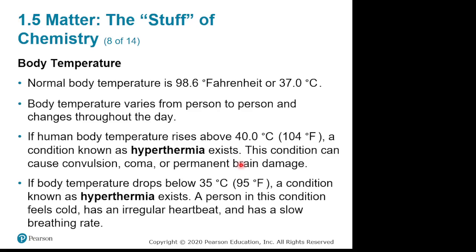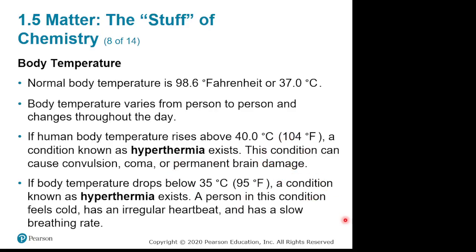And so your brain, being very sensitive to that, will no longer be able to get enough energy and will start misoperating and having problems. And you'll, of course, go into convulsions. You can go into a coma. And if it goes long enough, permanent brain damage. Okay, and you can actually die. People used to die all the time, actually, before we had aspirin and modern medicine, from fevers. And people still do, actually, on this planet, unfortunately.